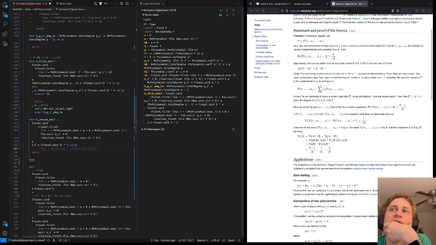Given that R2 through Rn make Pi non-zero, then P of x1 with all those values is not an identically zero polynomial, and thus has at least I roots.